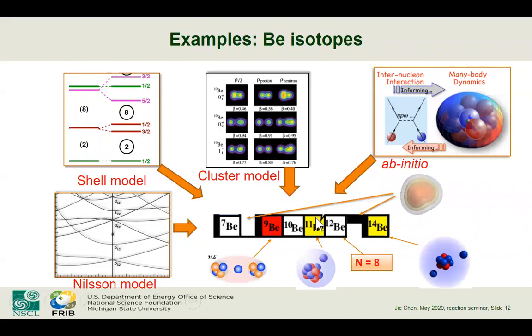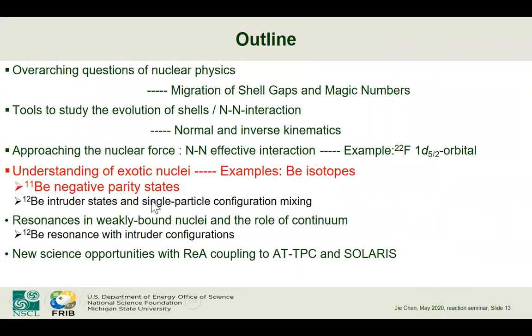So as I show here, you can see how the structure within this isotopic chain varies with different mass number. In the following part, I will show you how we study these structures of the beryllium isotopic chain.